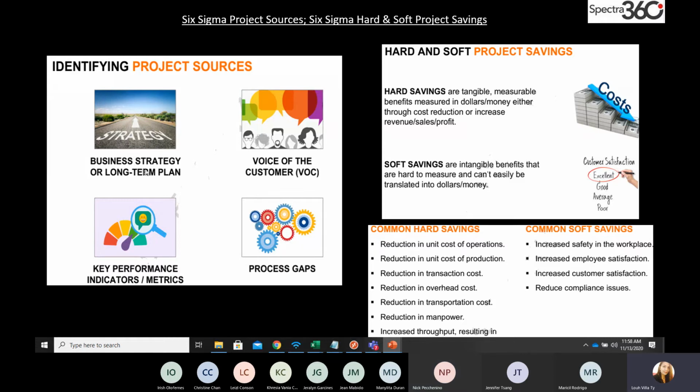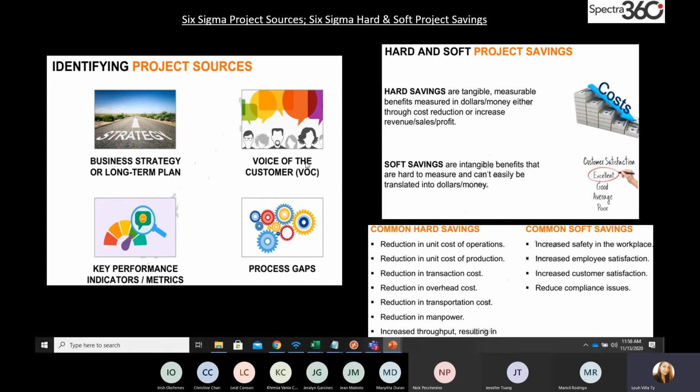The first project source is the business strategy or long-term plan. This doesn't really apply to most of us. Usually the people doing this are top management, because they know all of the data, where the business is going, and the long-term plans of the business. But this is a valid project source.